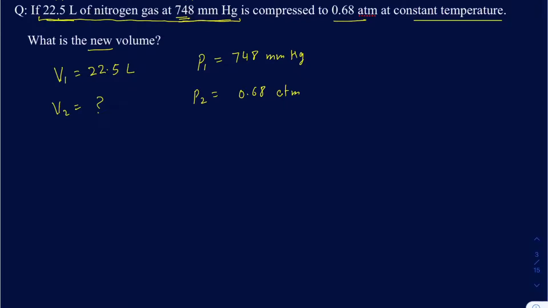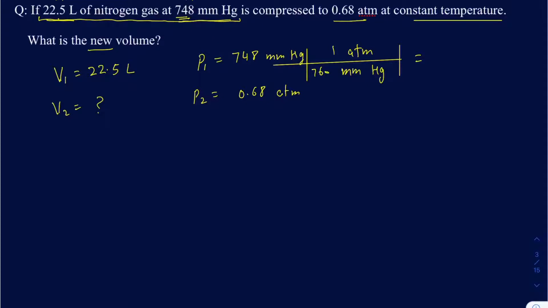So let me convert this mm of mercury into atmosphere. Remember the relation between atmosphere and mm of mercury: I'll put mm of mercury on the denominator and atmosphere on the top. So 1 atmosphere is 760 mm of mercury.